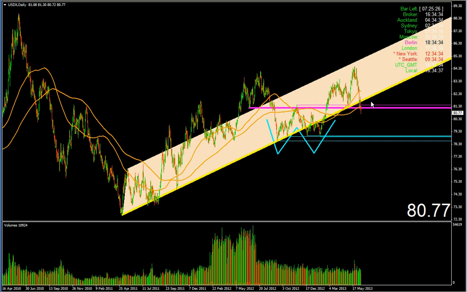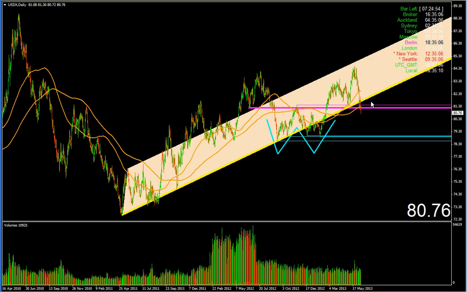And if we are watching, for example, the euro US dollar, we're trading right now at 1.3348, and the euro dollar setup I uploaded yesterday is looking very attractive from a technical point of view.